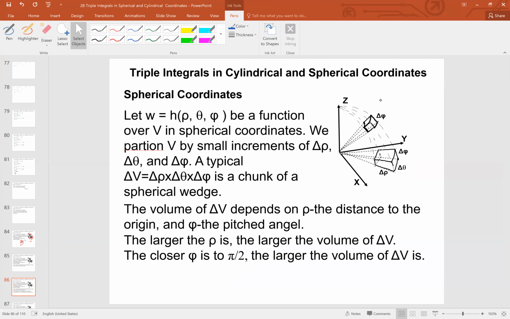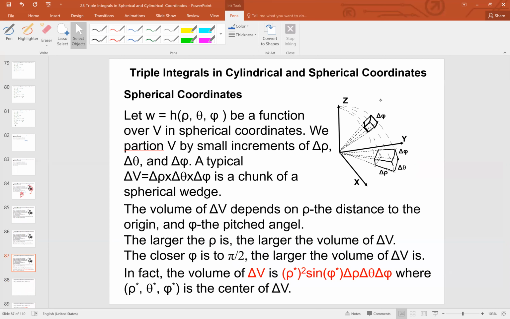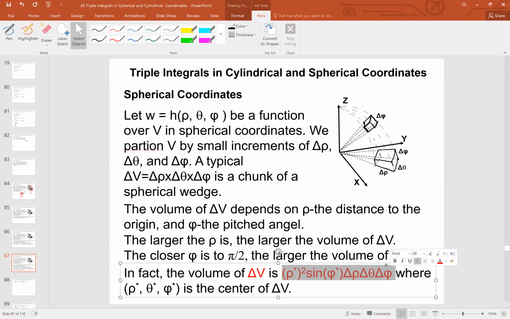So we get this formula coming out of spherical geometry. I'm not going to prove it, but basically we assume this formula, that the chunk depends on rho squared and sine of the pitch angle. When the angle is very small, like 0, then sine of that angle is almost 0, almost nothing.